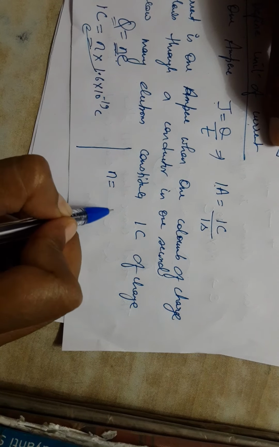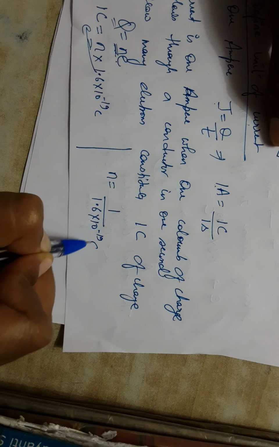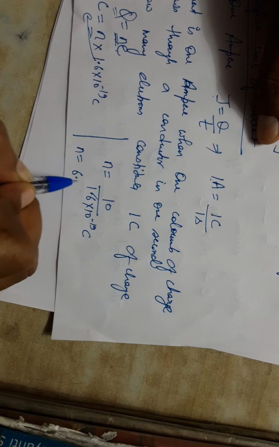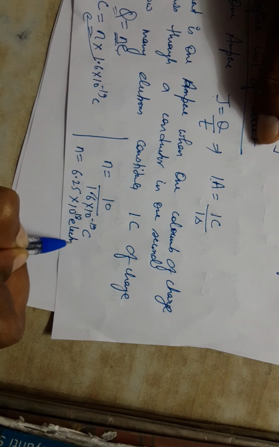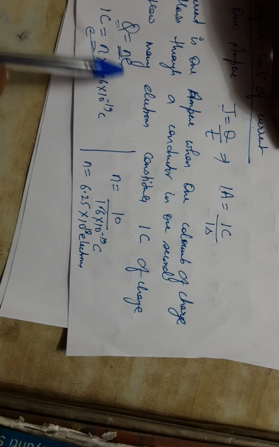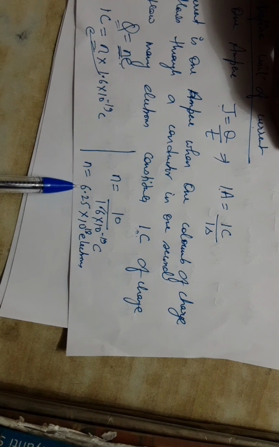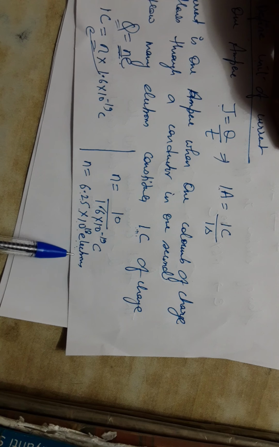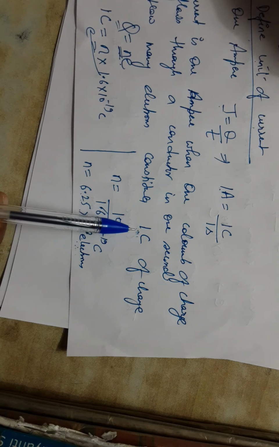N equals 1 upon 1.6 into 10 to the power minus 19. If you solve this, it comes out to be 6.25 into 10 to the power 18 electrons. That means 1 coulomb of charge is constituted by 6.25 into 10 to the power 18 electrons. When this many electrons flow in a given conductor, we say that the charge is 1 coulomb.